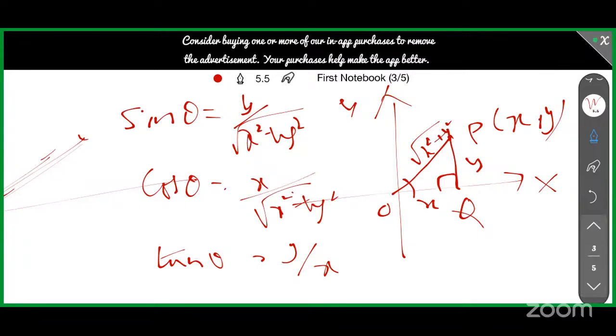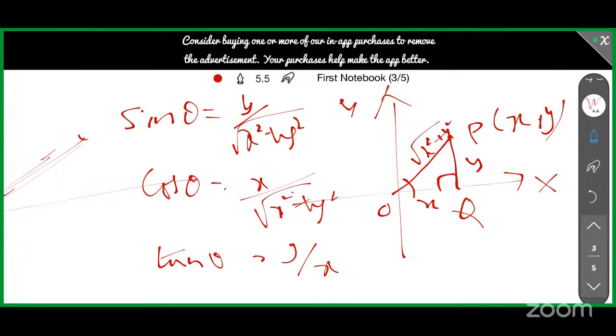we take a concept of modulus and an angle. What is this modulus and angle?